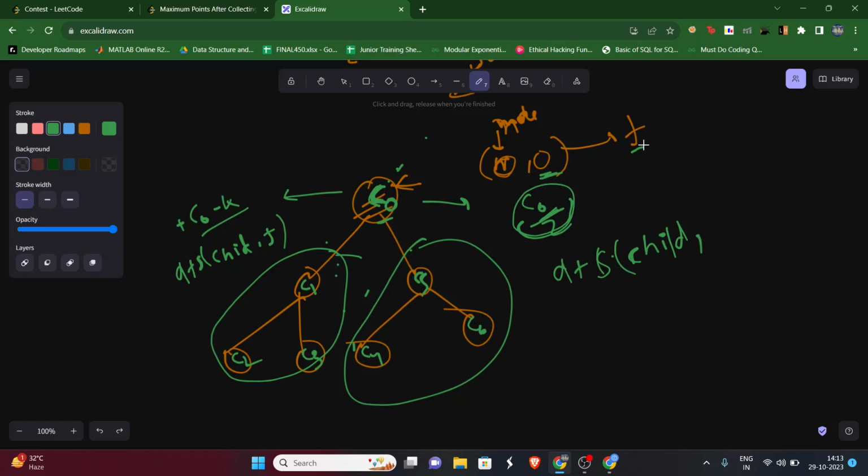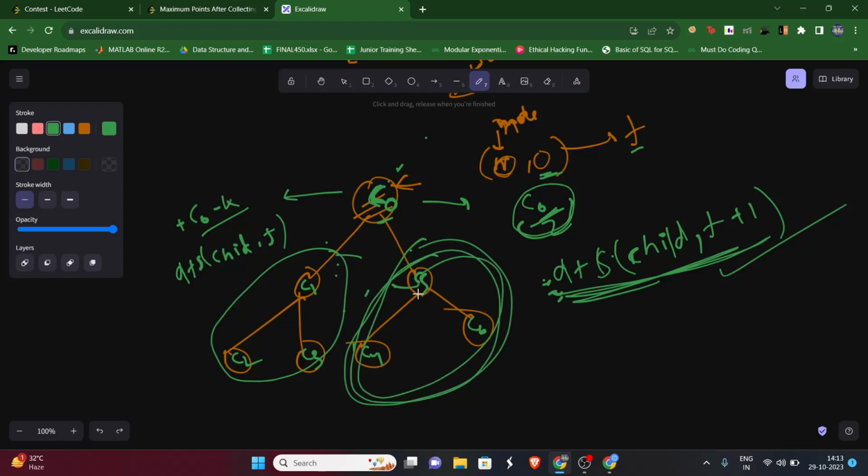So in that scenario, we can simply pass f plus 1. Okay, so in that way, these dfs calls will return nothing but the maximum value that we can get from that particular subtree, or whatever child we have.